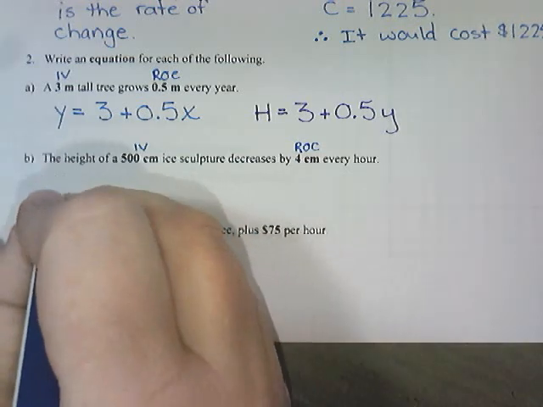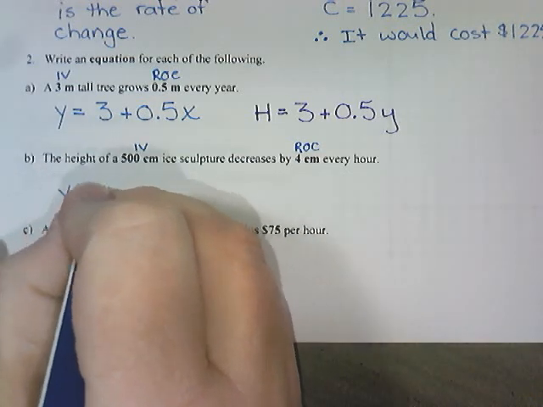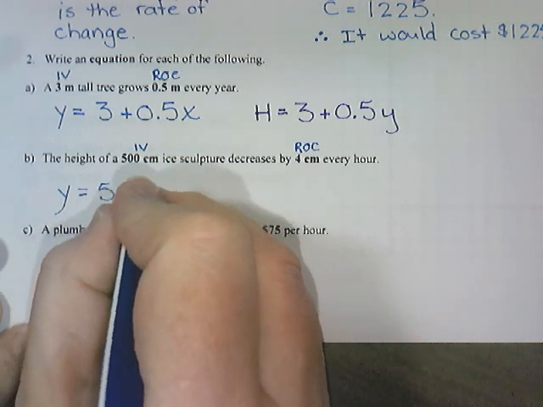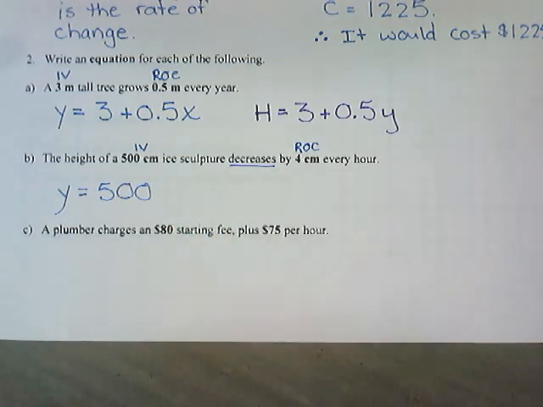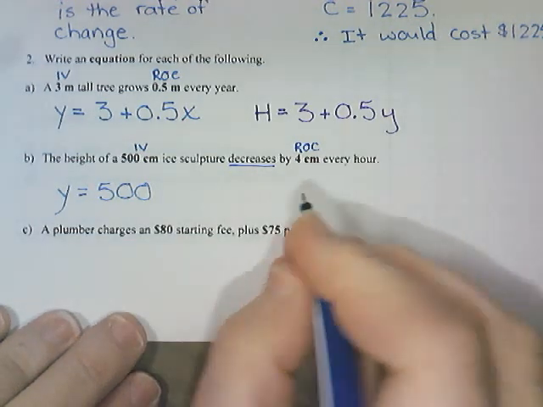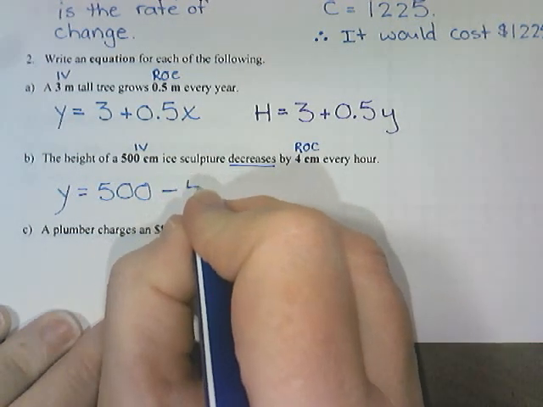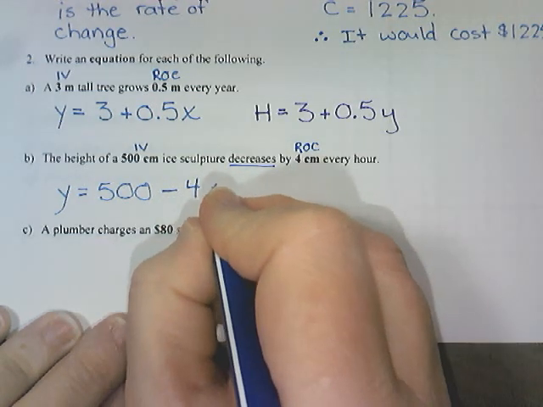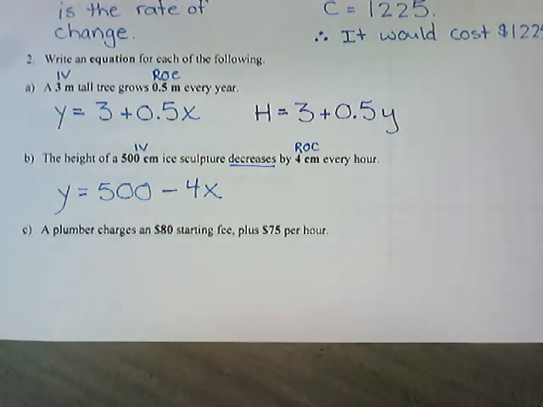So if I did it with y, I would say y equals 500. Now it says that it is decreasing. It's made of ice, so it's melting, right? So because it's decreasing and it's getting smaller, I'm not going to add 4 centimeters. I'm going to subtract 4 centimeters and then times the number of hours.